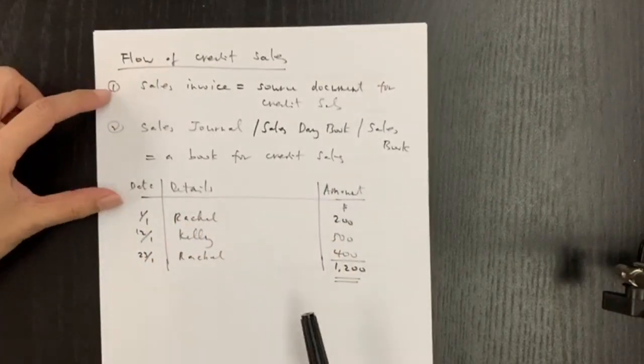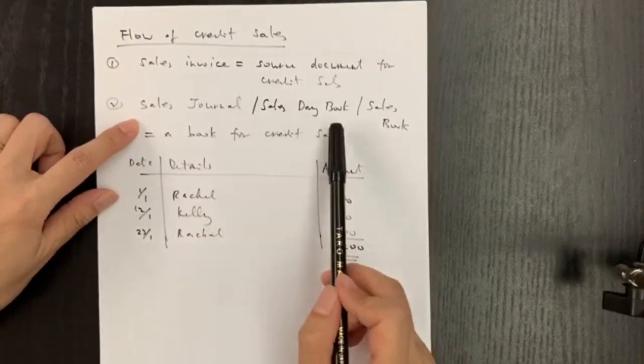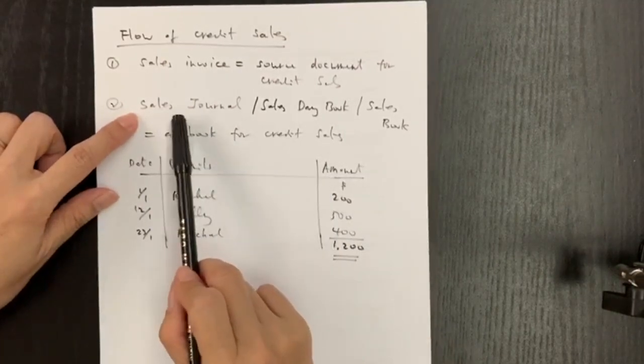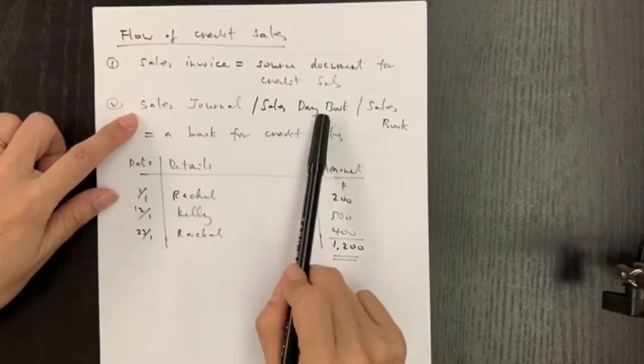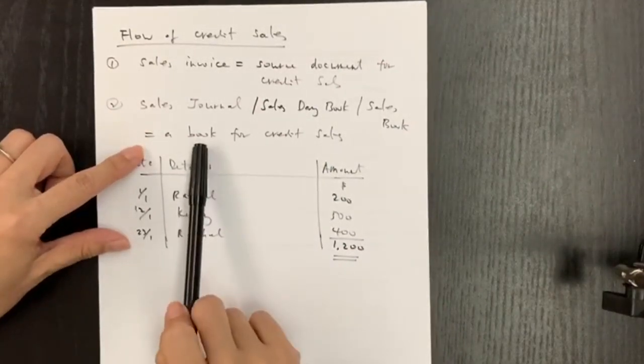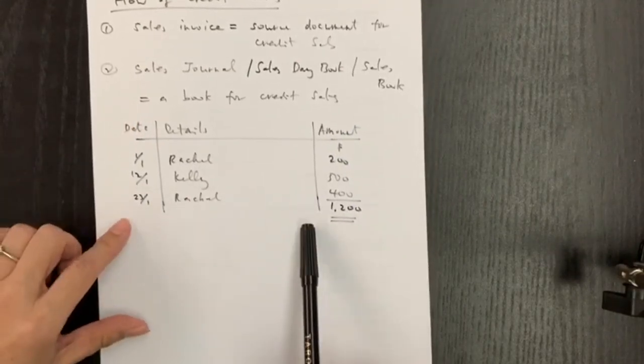And right after step number 1, we will record this sales invoice in the book. And there are 3 names for the book: sales journal, same as sales day book, same as sales book. But anyway, what is it? It is a book for credit sales. Okay, now this is an example.